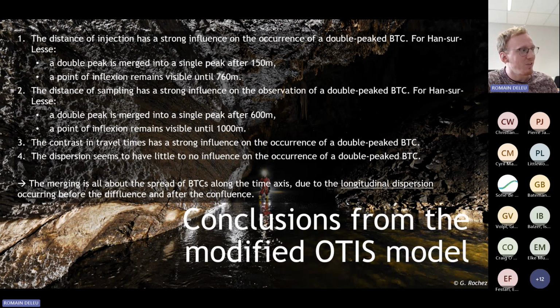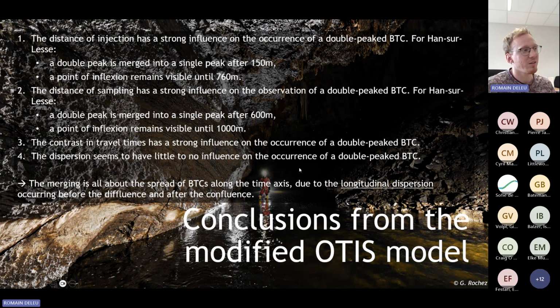Of course, the contrast in travel time has a strong influence. This is the key factor. But the dispersion seems to have little to no influence on the double peak. So one of the conclusions is that the merging is all about the spread of the breakthrough curve along the time axis.